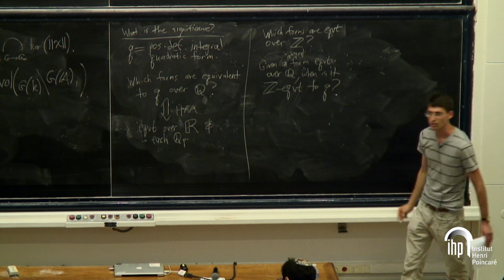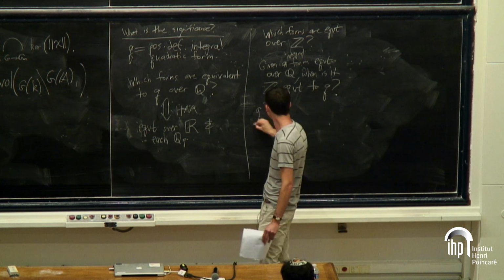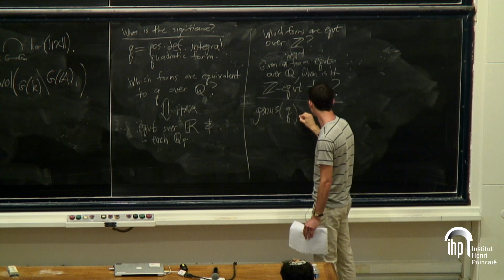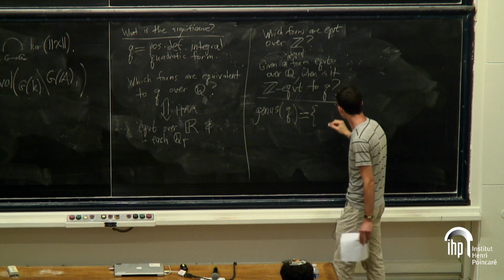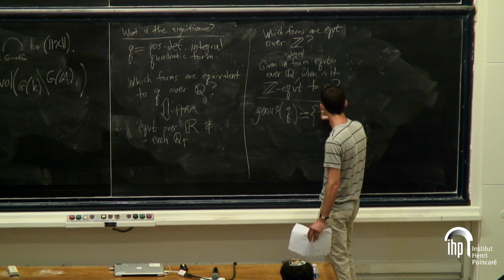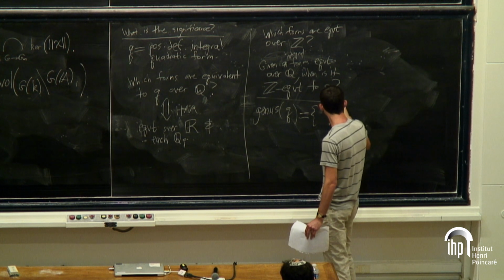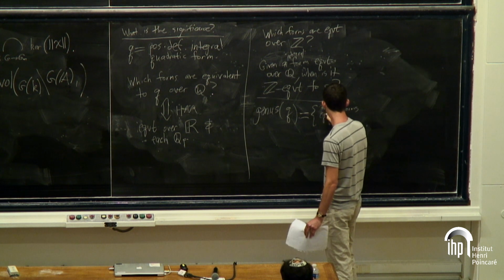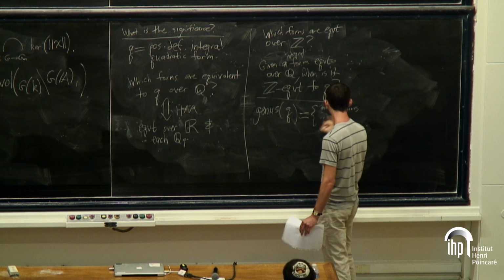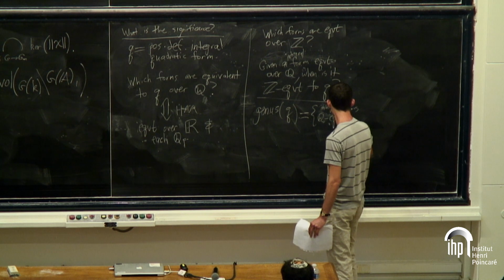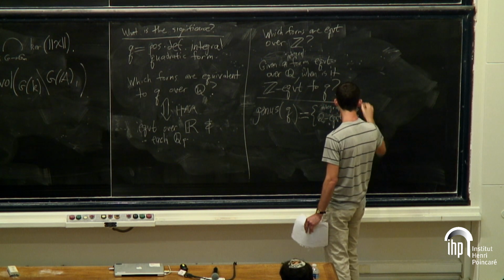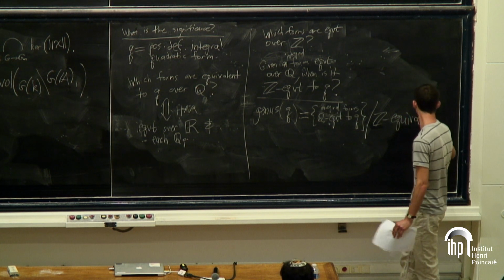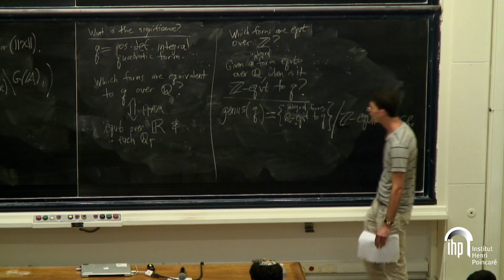There's this classical definition of the genus of a quadratic form. The genus of Q is defined to be a set: the set of integral forms Q-equivalent to our quadratic form Q, up to Z-equivalence.